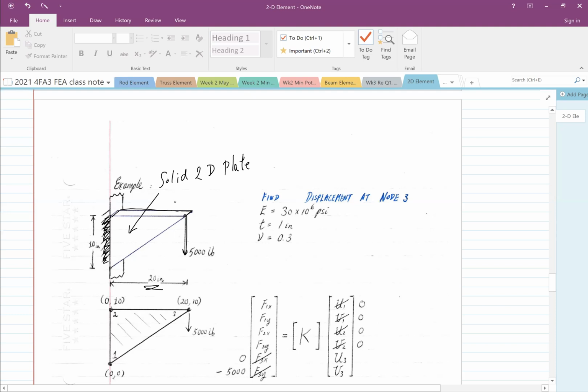This is the elasticity: 30 times 10 to the 6 psi. The thickness, t, is 1 inch thick. Poisson's ratio is 0.3, which is a usual Poisson's ratio for metal.